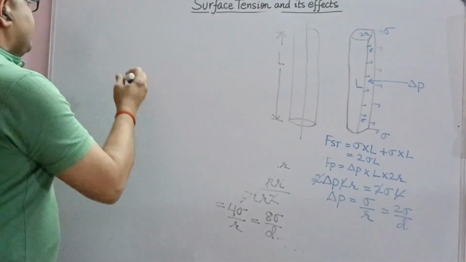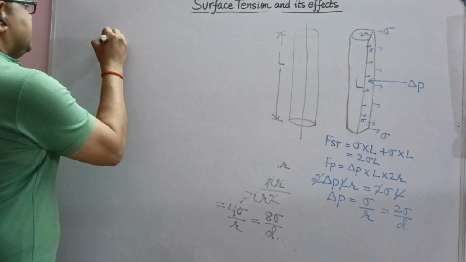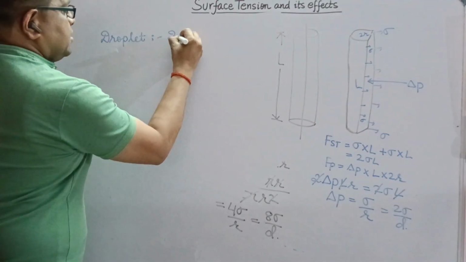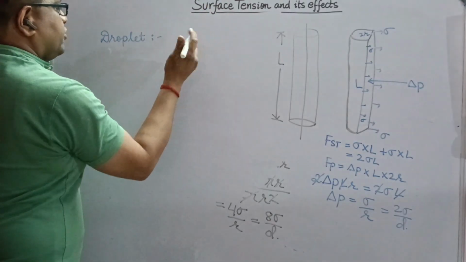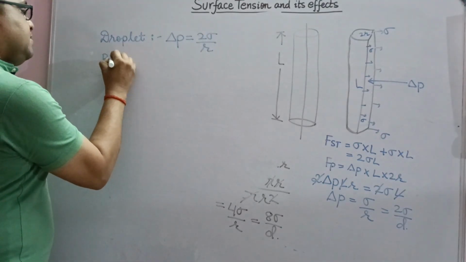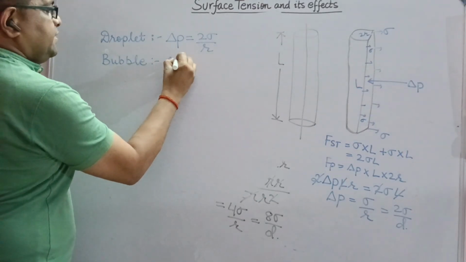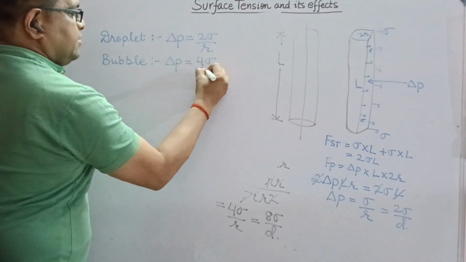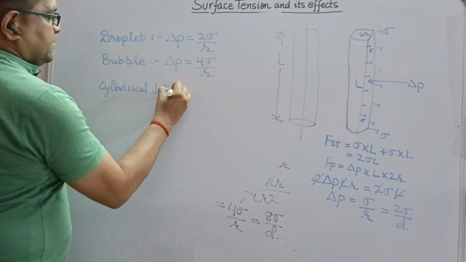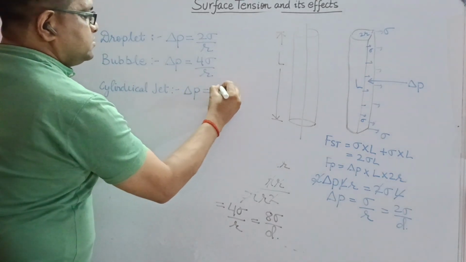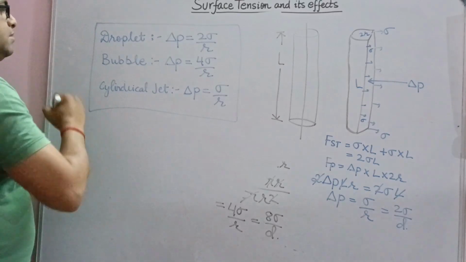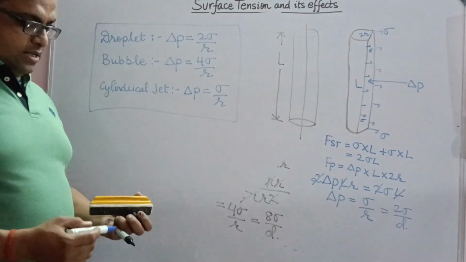In case of a liquid droplet, we have del P is equal to 2 sigma upon R. In case of a bubble, we got del P is equal to 4 sigma upon R. And for a cylindrical jet, we have del P is equal to sigma upon R. Now these final results are very important for numericals, so you must remember all these.